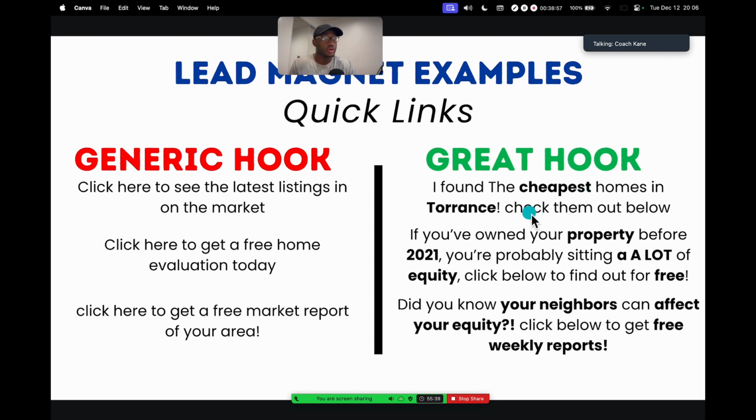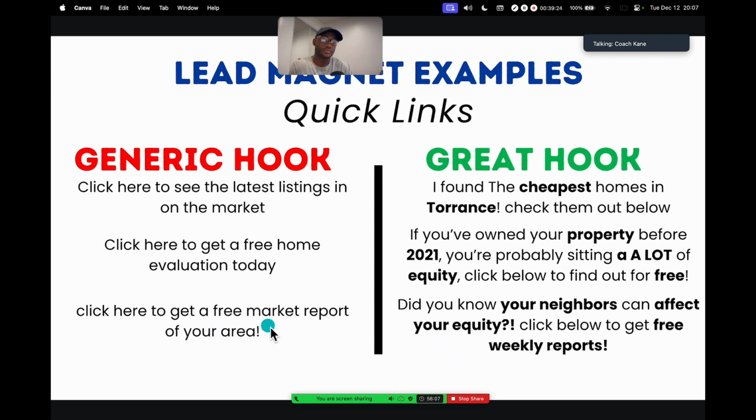Everyone wants to know what their home might sell for at any given point. But when you see generic text like this, you probably see this every other day, and you just zoom past it. But if you word it a different way, again, it's going to have a much higher turnover ratio, if you will, or much higher engagement rate. Many more people clicking just because of the optics, the way it looks, the way it resonates with them.